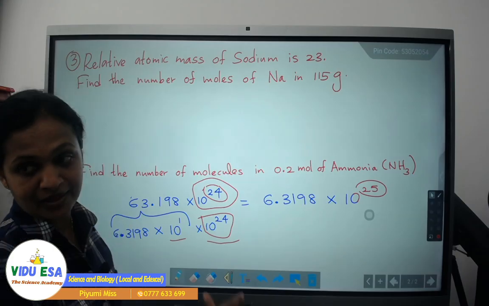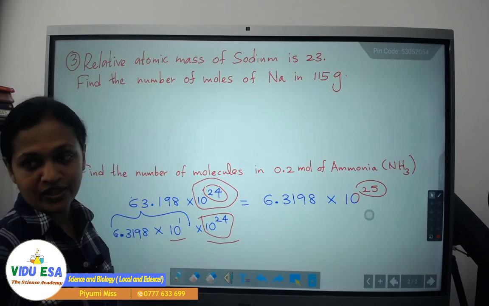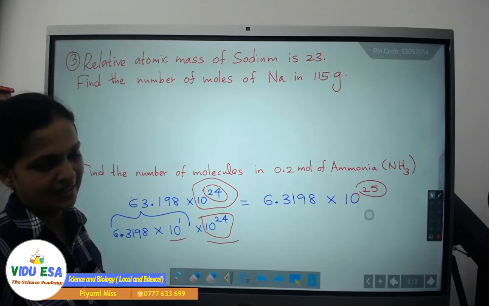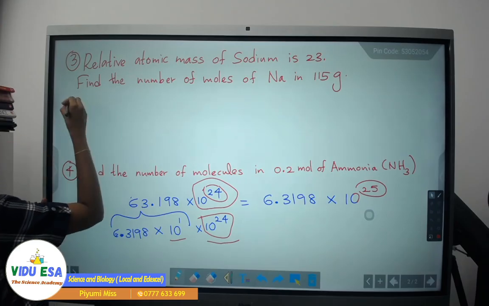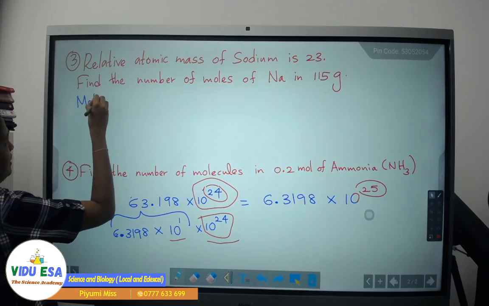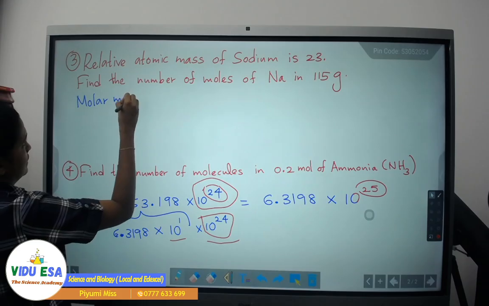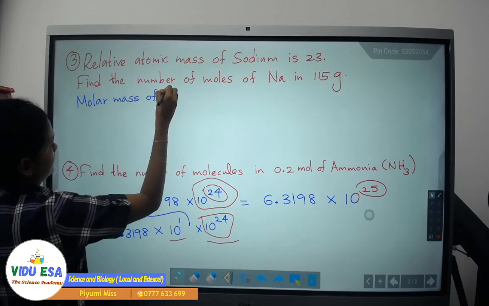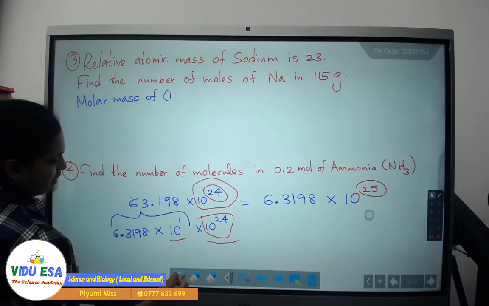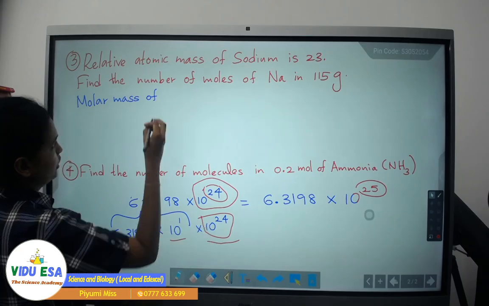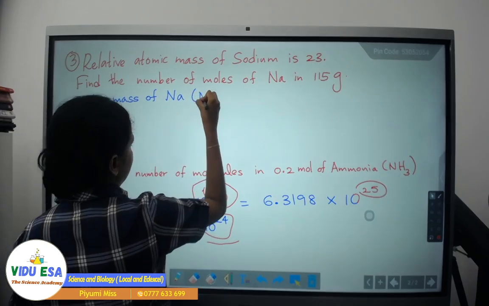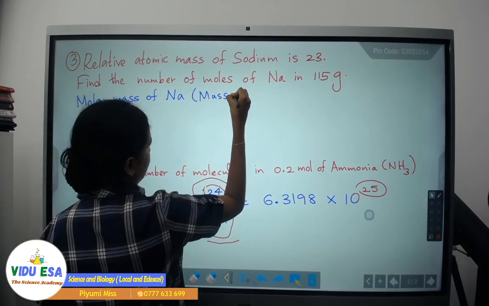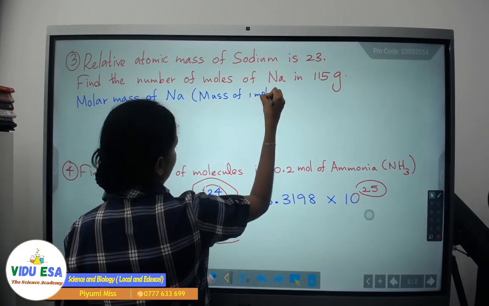The relative atomic mass of sodium is 23. If we take the molar mass of sodium, in other words, we can say mass of 1 mole of sodium, right? Within brackets, I will say mass of 1 mole of sodium.